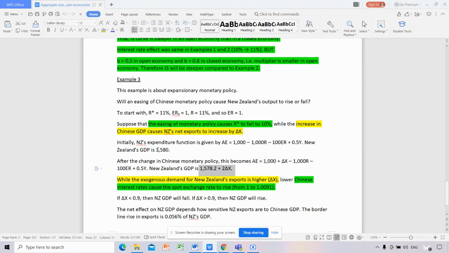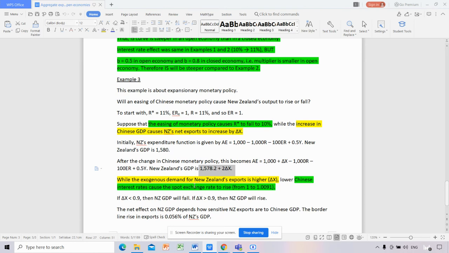You will solve the equation 1578.2 plus 2 delta x equals 1580, and you will find that delta x is equal to 0.9. So that's the borderline.